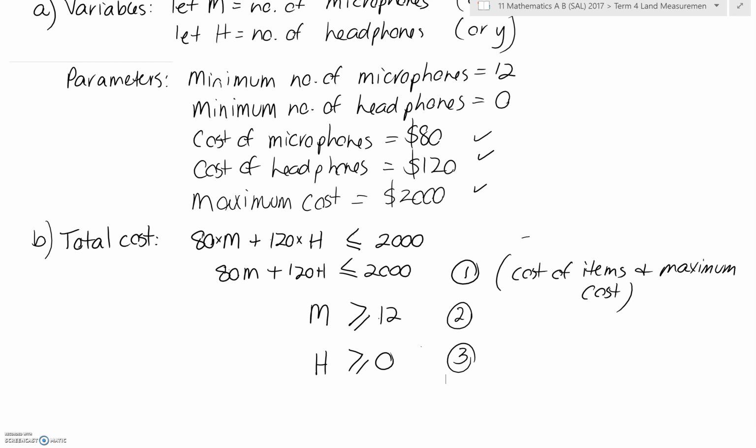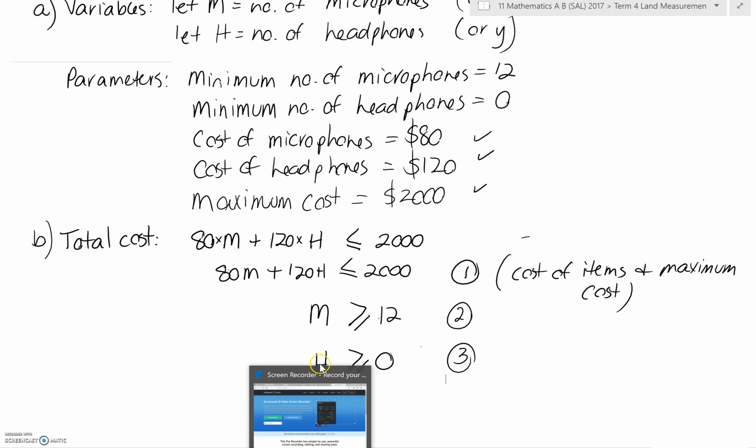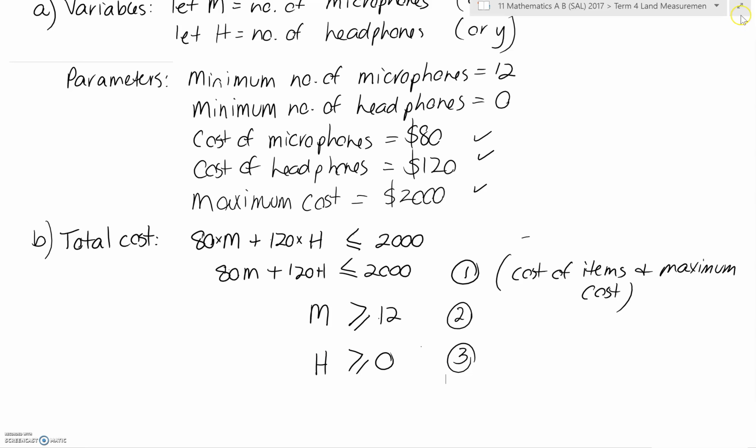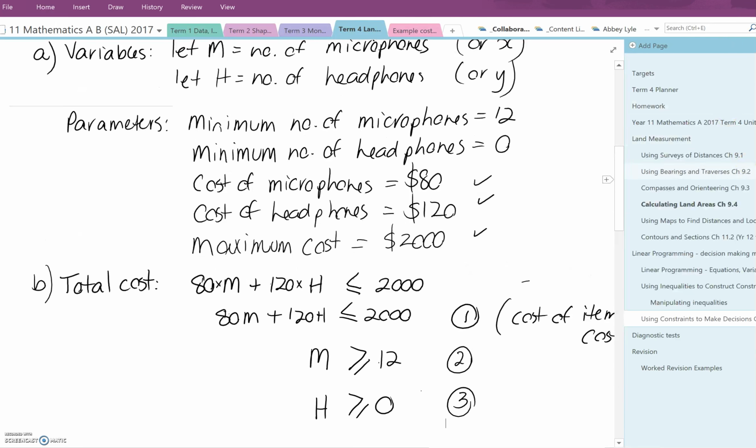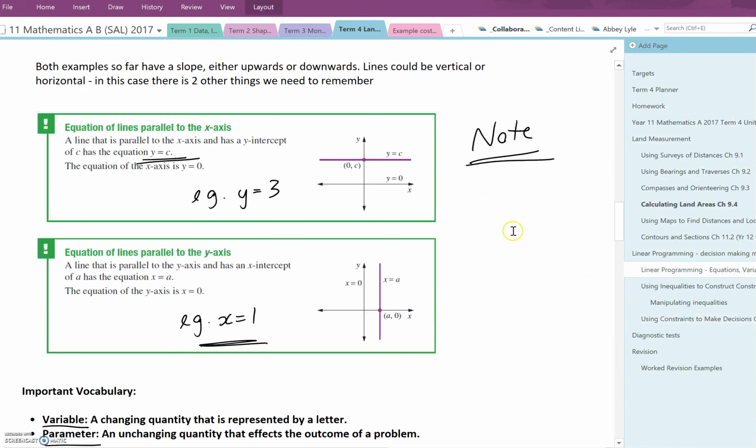Now I'll just remind you what we did in an old lesson when we have only one variable in there. When we only have one variable in there, what happens is we have a line that is parallel with one of the axes, either a horizontal or a vertical line.